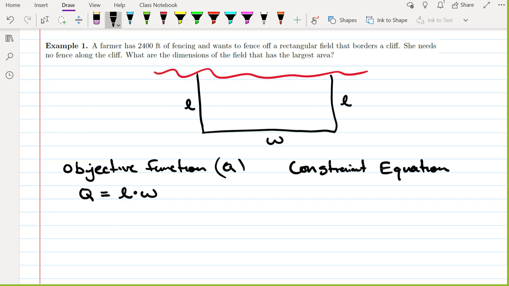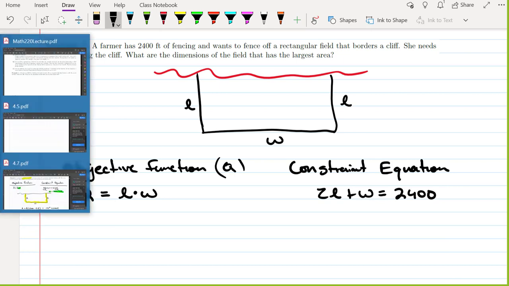So our constraint equation is going to be 2L plus W is equal to how much fence she has, which is 2,400 feet of fence.